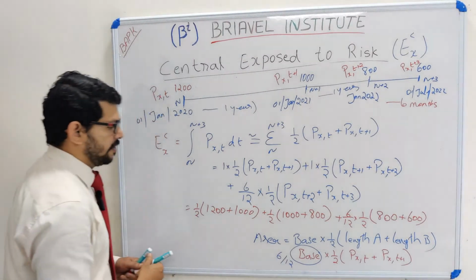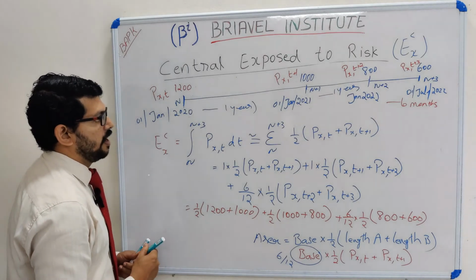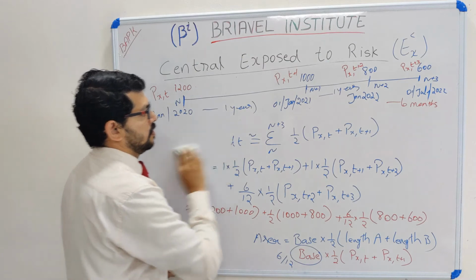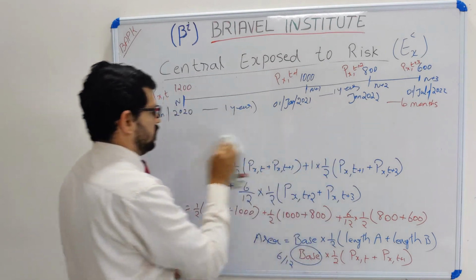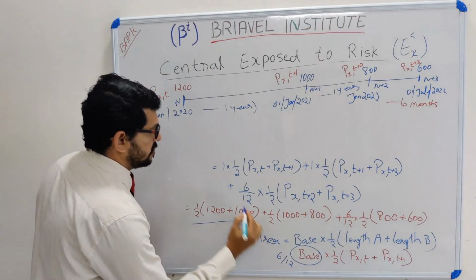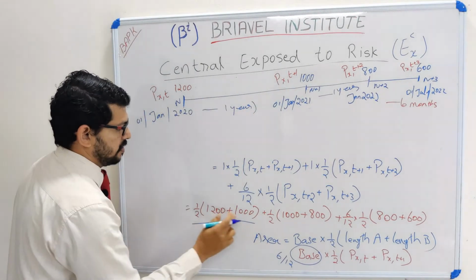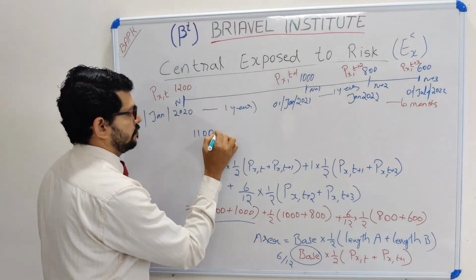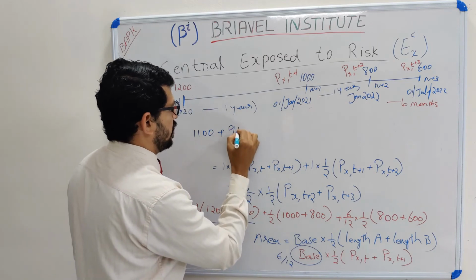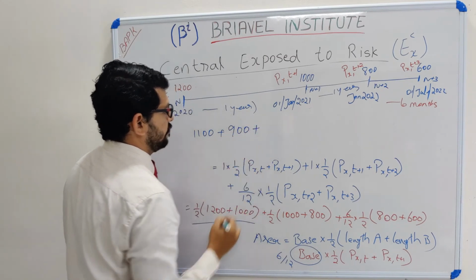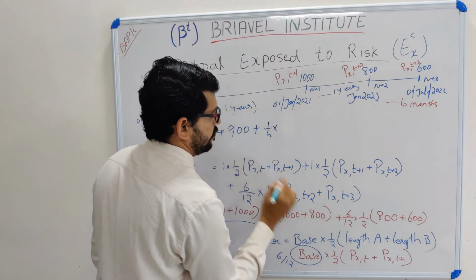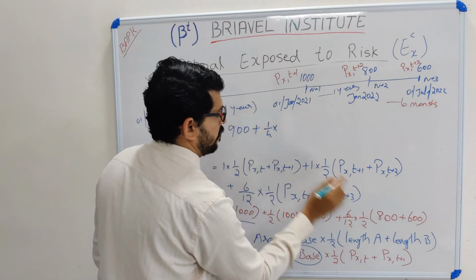This is approximately 1100. So approximately this is the average from here to here, it is 1100. Here it is approximately 900, and here it is 1 divided by 4 into 800 plus 600.